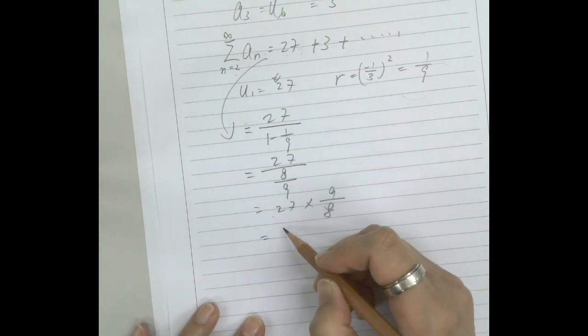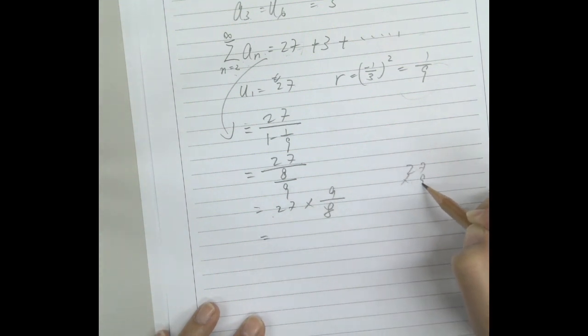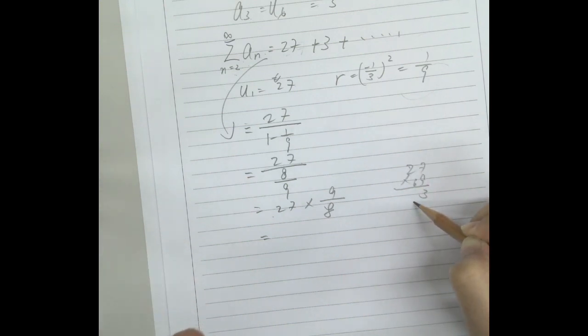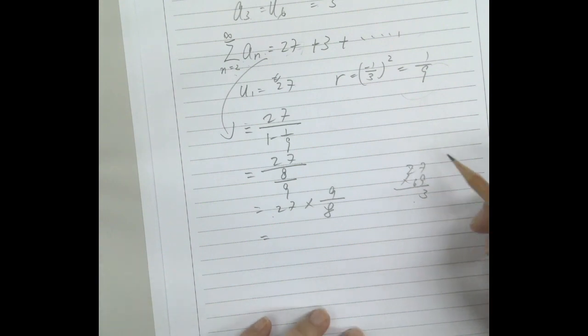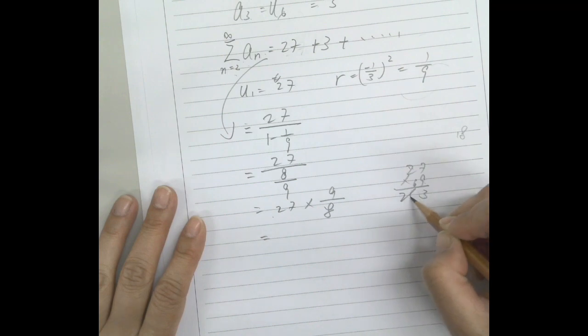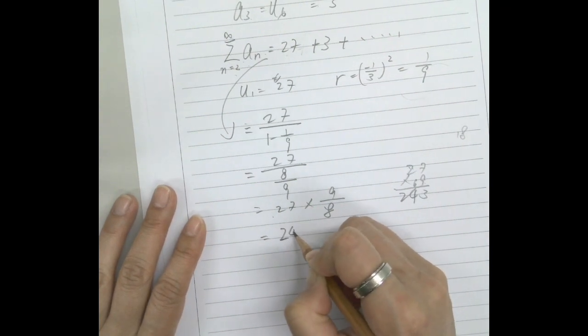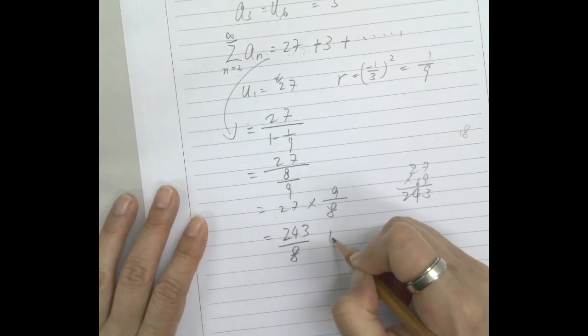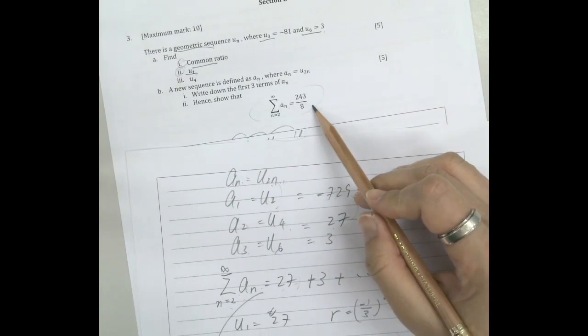We do a bit of the math. 27 times 9, let me count in 20s, so it's 243. So now we will have 243 over 8 there, which gets you the answer.